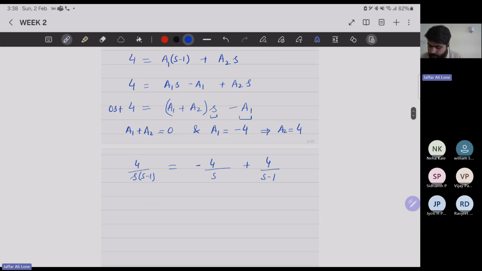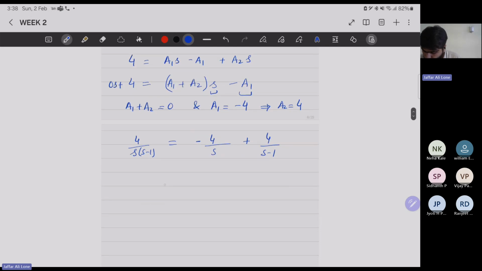Right, so now it's very easy for us to take the inverse Laplace. What is the inverse Laplace of this? Minus 4, we know this is u(t). And also we know here it is e raised to the power t. So it's minus 4 u(t) plus 4 e^t u(t).